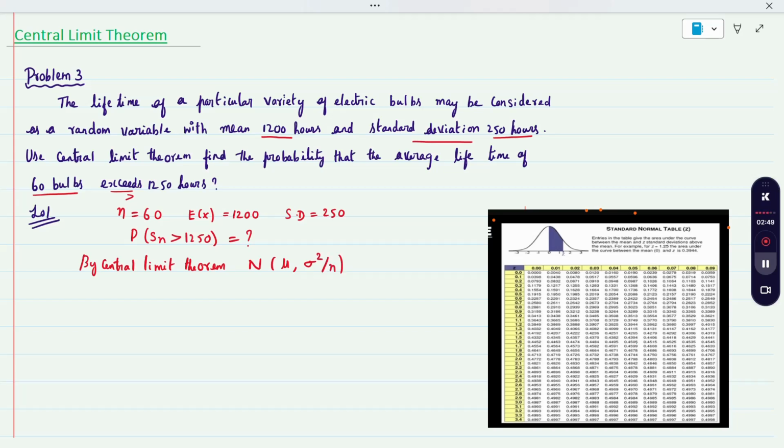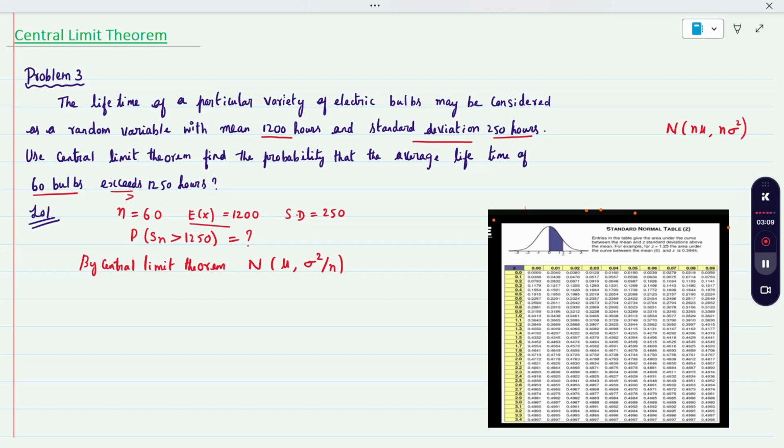In the previous video I followed the normal distribution with n mu and n sigma squared. I used that set of formulas only. Now I'm going to use this one because the values are very large.